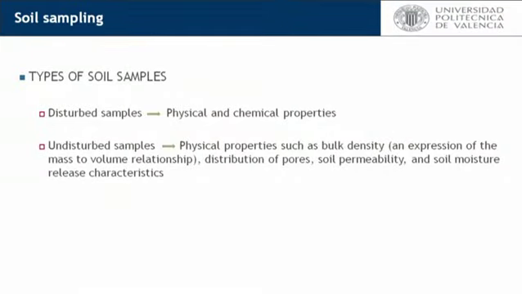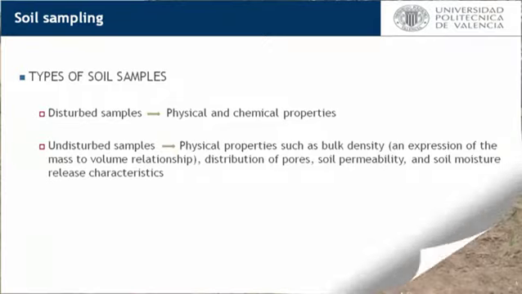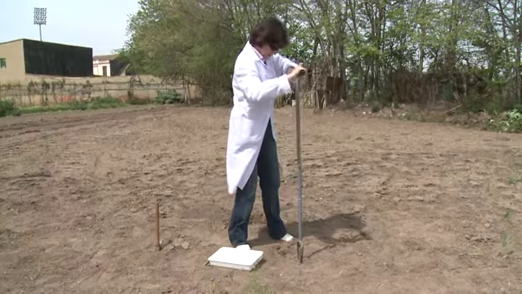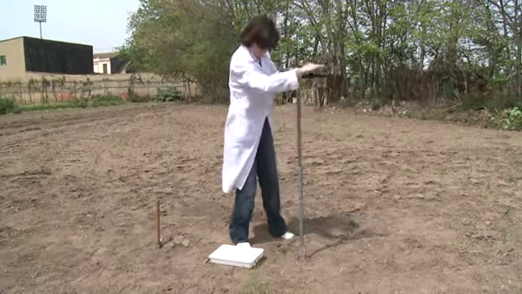Soil samples can be disturbed samples, that is, changing the relative position of the soil during sampling, or undisturbed samples taken with a rigid cylinder that does not change the soil structure and can then be used to calculate the volume of the soil sampled. Disturbed samples are usually taken for fertility analysis. Soil samples at different points are always taken at the same depth with the purpose of taking the same amount of soil.